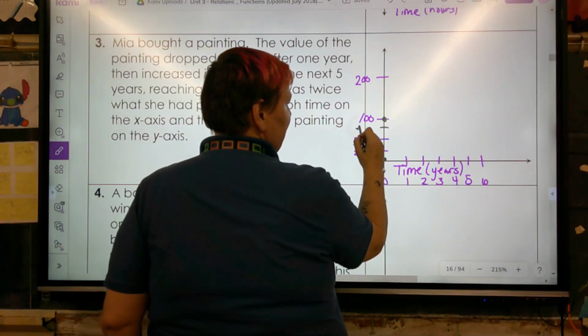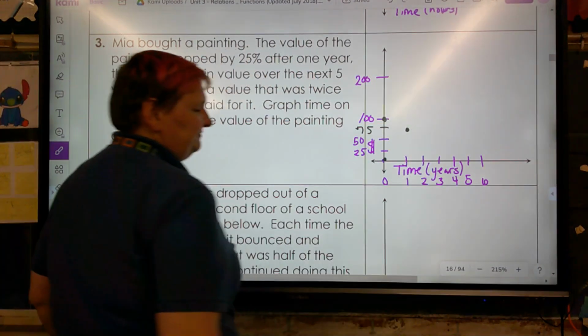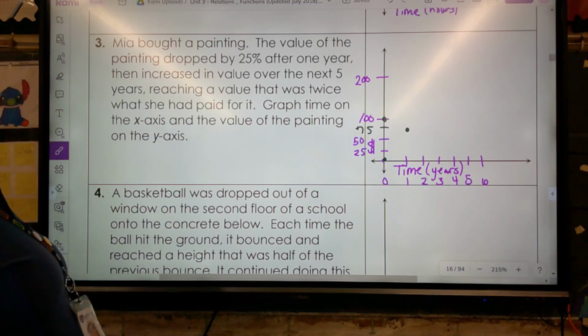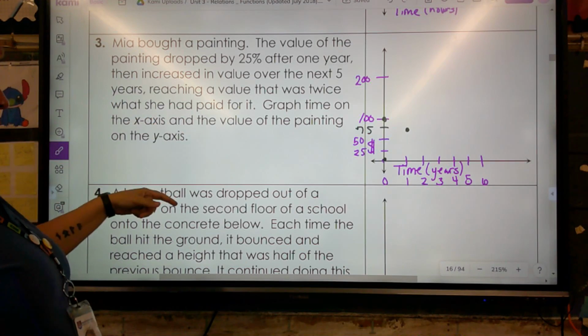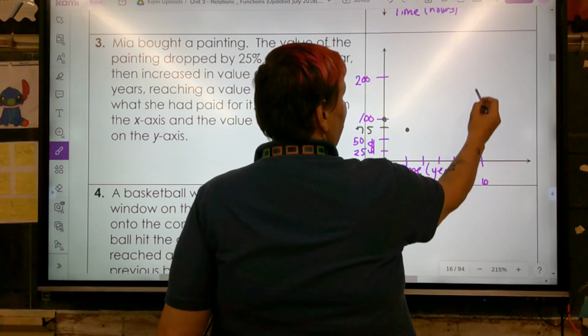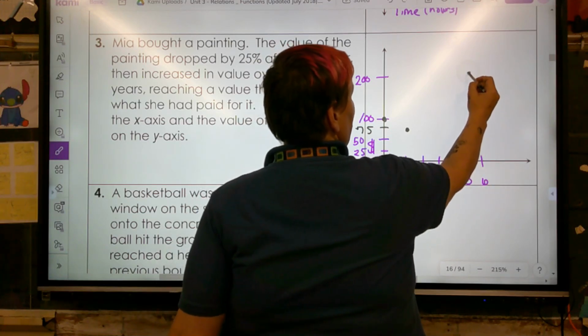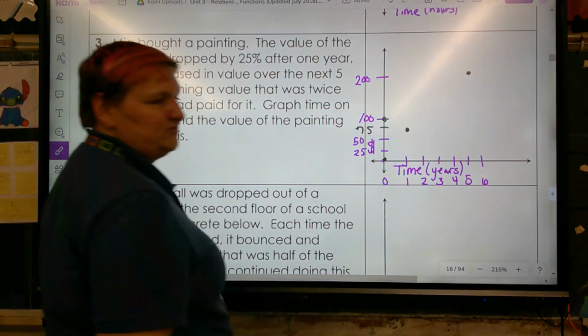That means it was worth $75 after year 1. And then over the next 5 years, it increased, reaching twice. So by here, it was at 200, twice. By year 6, it was at twice what she paid for it.